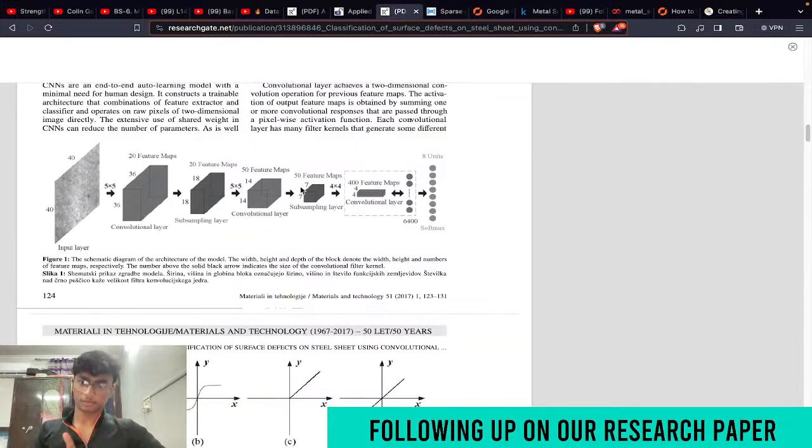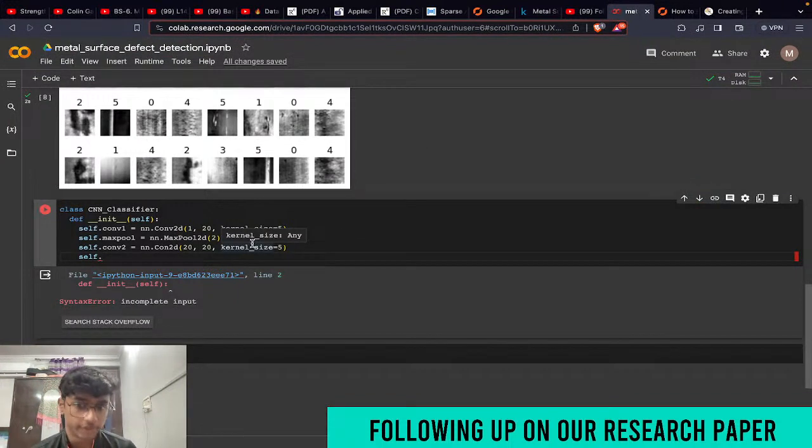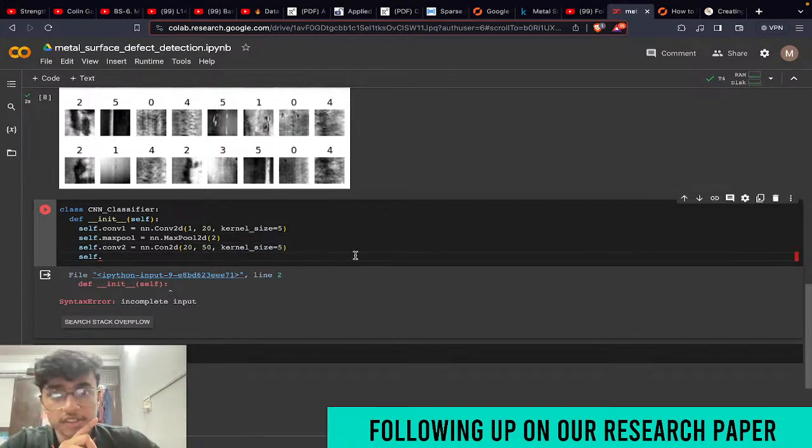Did I miss a step? This is the first convolution. This is the second convolution where we're going to 50 feature maps, so we need a convolution on top of that, right? Why am I getting confused? Okay, so this is the first convolution layer, after which we apply a max pooling layer, after which we apply a convolution layer that converts it to 50. That's the mistake. With a kernel size of 5.